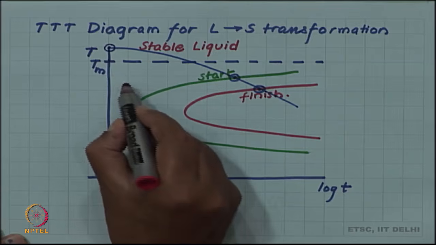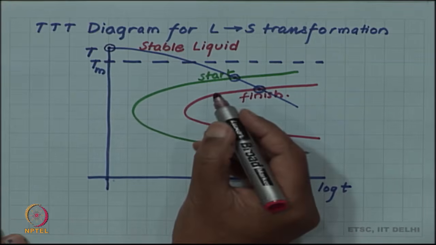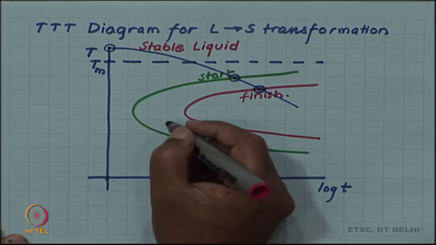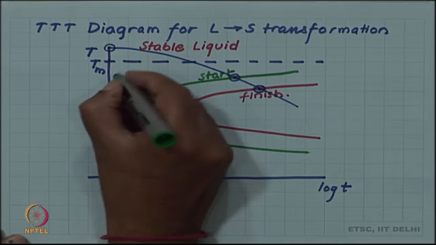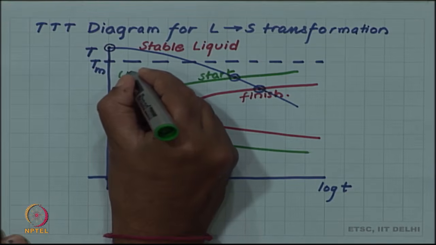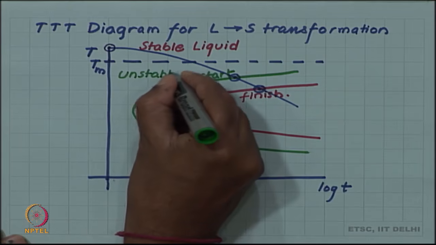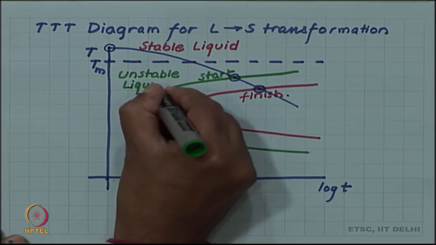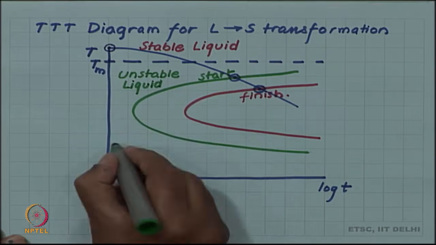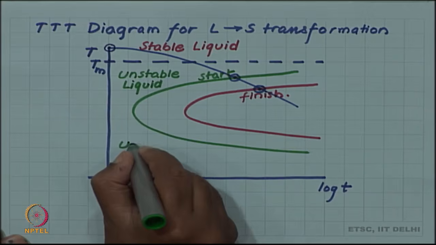So, you have a liquid which wants to transform, but has not yet transformed. So, that is an unstable liquid. So, below this here you have unstable liquid, or also called undercooled liquid, because this is a liquid below the melting point.